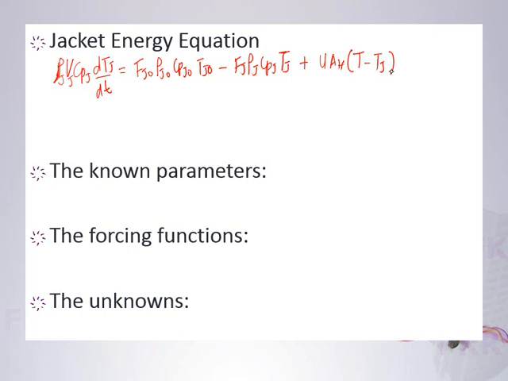The in and out flow of the jacket is always constant, so you can simplify this equation: Fj naught rho j naught Cpj naught (Tj naught minus Tj) plus UA H (T minus Tj).